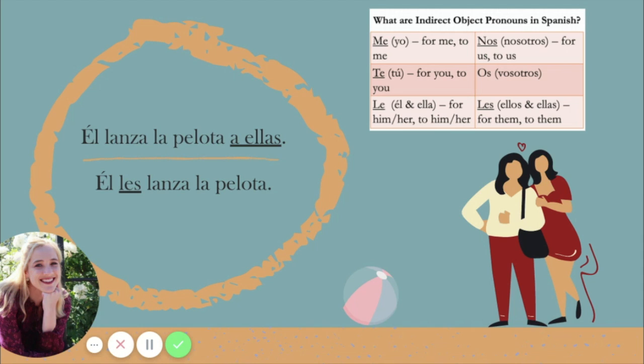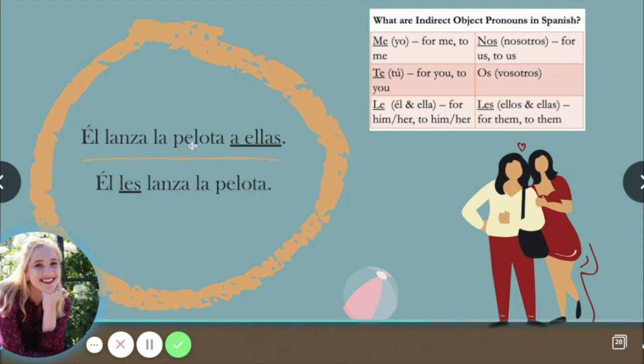Okay. So if we want to say, él lanza la pelota a ellas, so he throws the ball to them, we can actually take out a ellas and we can replace it with les. Él les lanza la pelota. So we know that les is referring to a ellas.